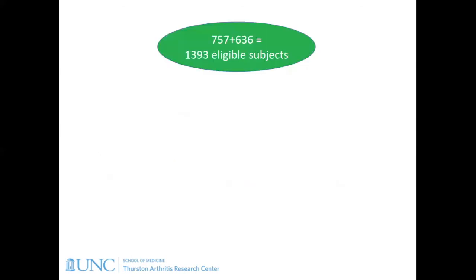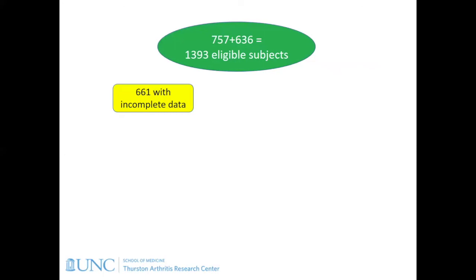So actually the bigger picture here was there was quite a bit of loss of participants for the final analyses that they did. So they originally had 757 cases, 636 controls, but they said in one brief sentence that they had excluded 661 because they had incomplete data.